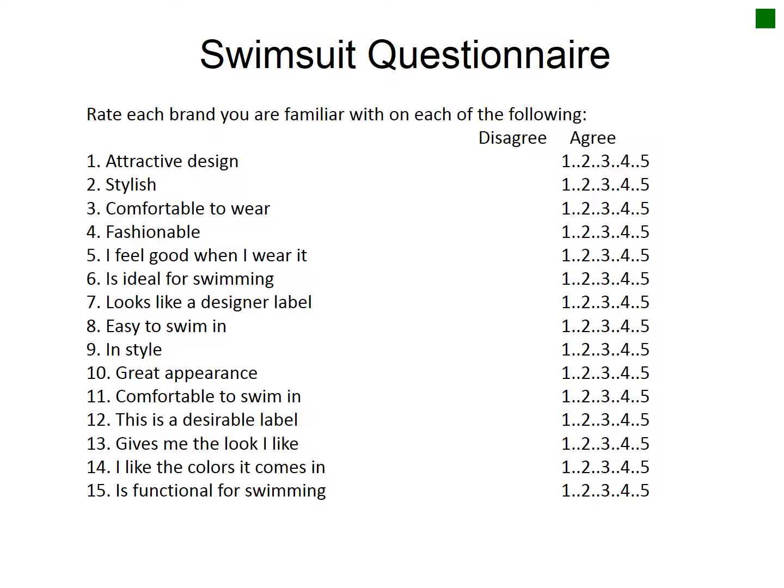The goal here is to send it out to consumers. We may have a couple hundred consumers do this or more. Again, they would rate all 5 of the brands, so each brand would have a score for each of these 15 questions by the respondents.